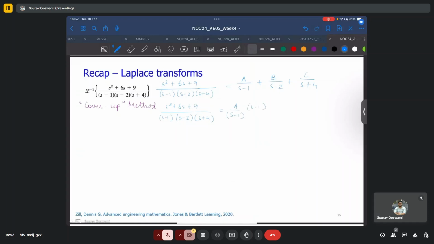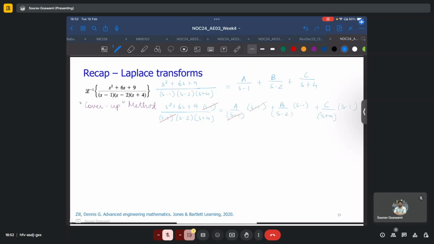Multiplying with s minus 1 on both sides, it will cancel out wherever s minus 1 was already existing in the denominator.